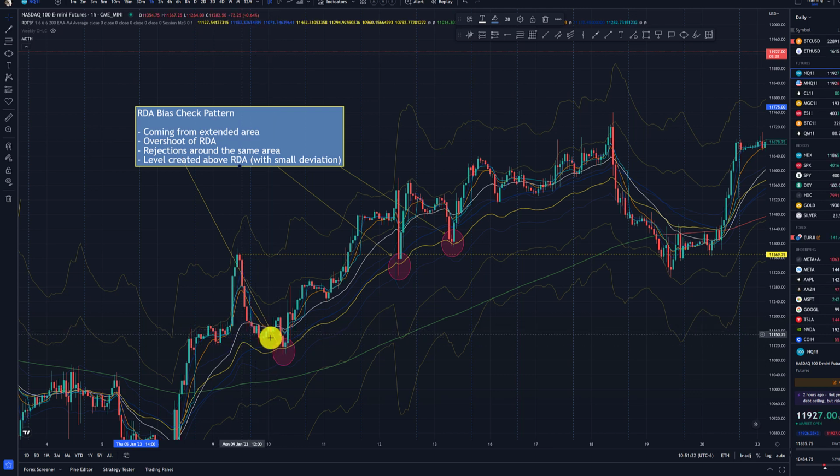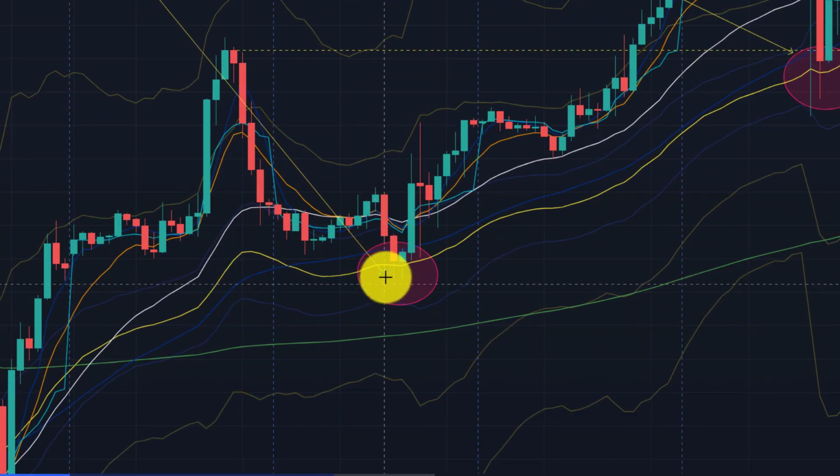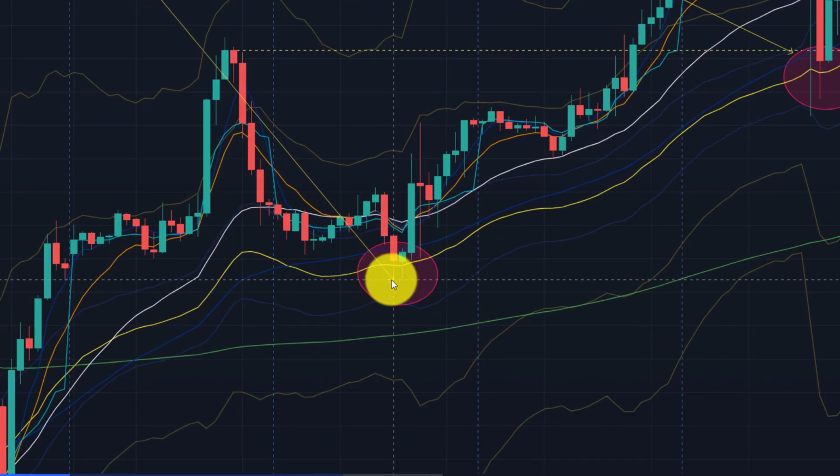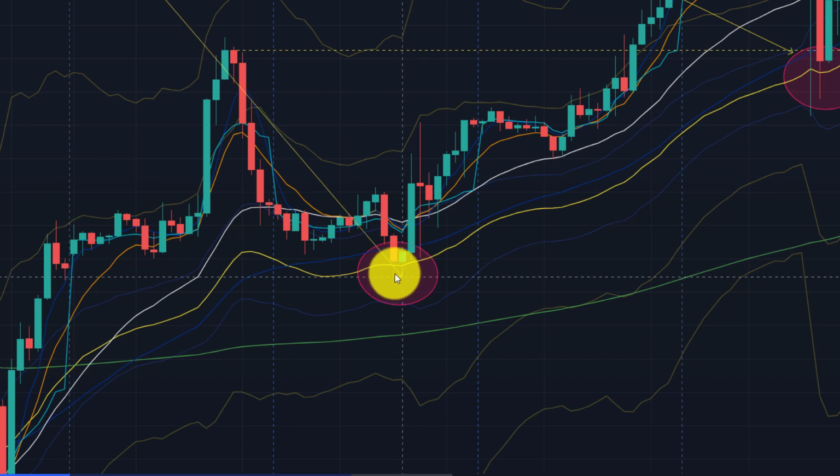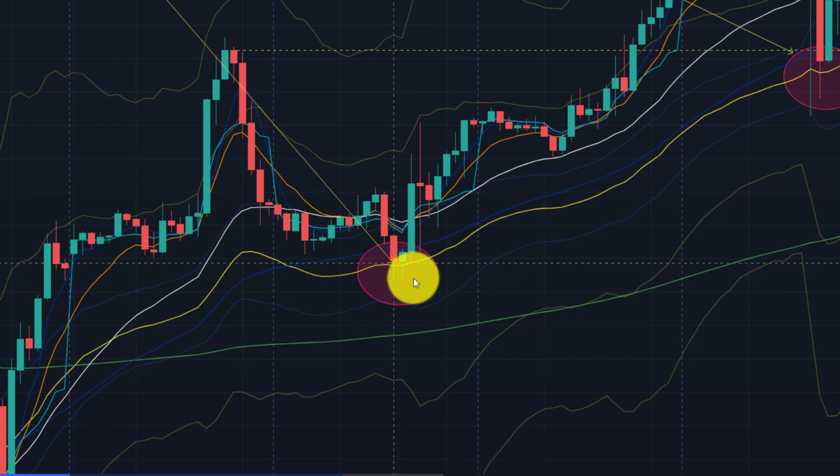But in this scenario, here's the outline of it: we're in a momentum long environment, so a bias long. Price is coming from an extended area, and it's checking the RDA. Now, what typically happens is that there's an overshoot of the RDA, and usually it's this two-candle pattern like you see here.